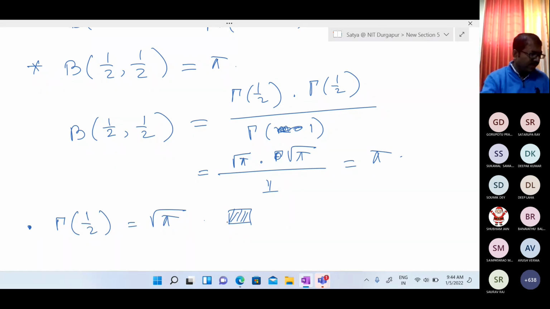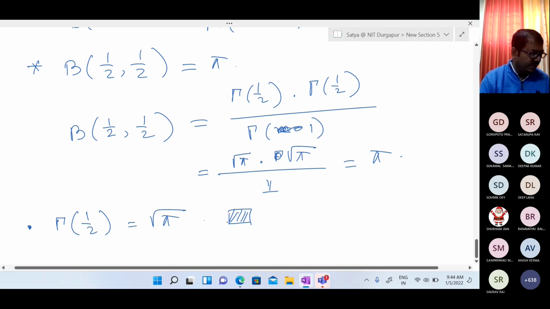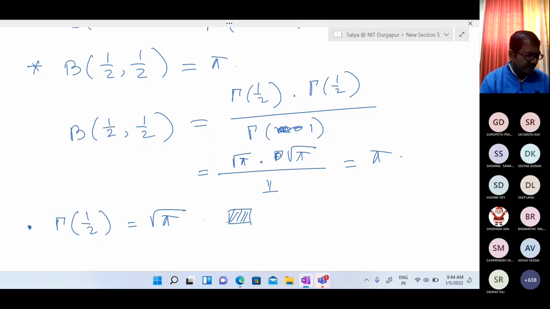In the assignment, question number 5, you try to prove. This is not difficult. Questions number 5 and 6 are important for your exam.